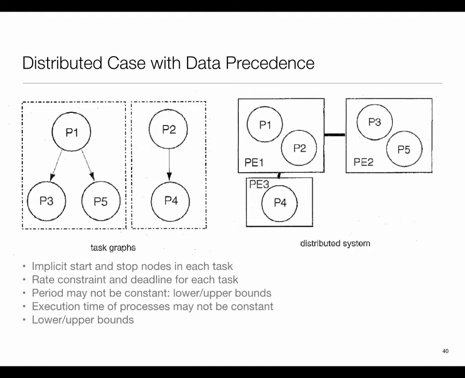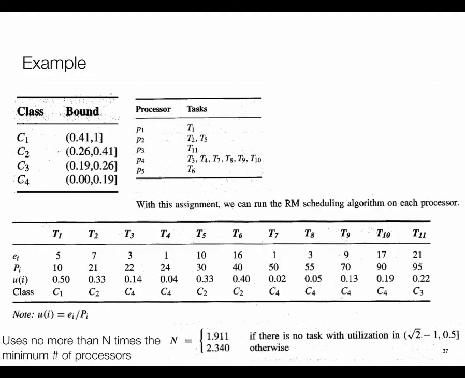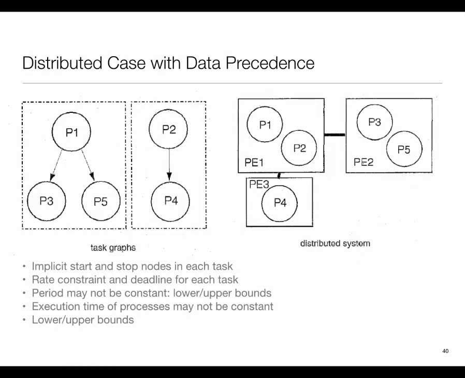The point I wanted to make is that in the previous heuristics, there was no dependence. All we had to do was partition the tasks, and then apply my traditional test to see whether each processor was individually schedulable, and if it was, we were done.